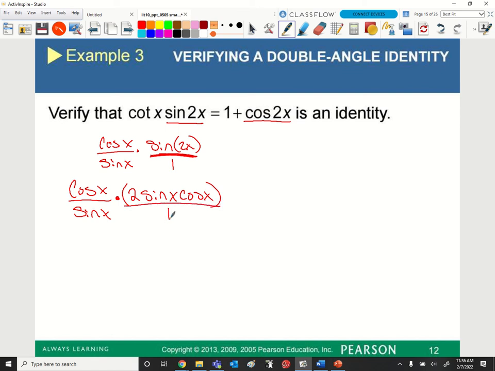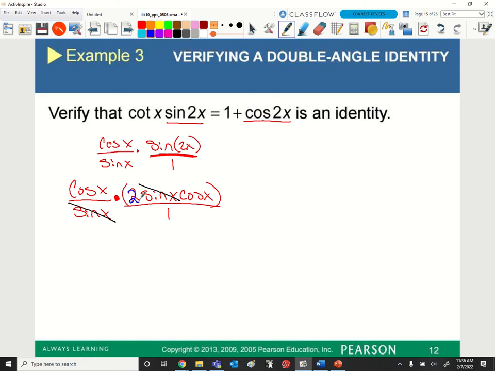So from here, I should be able to identify a couple things. I'm going to identify that I have a sine on the bottom and I'm multiplying, so I also have a sine on top. So given a sine there and a sine there, I can now multiply these together. So when I multiply, this is all one item on the right side of this.